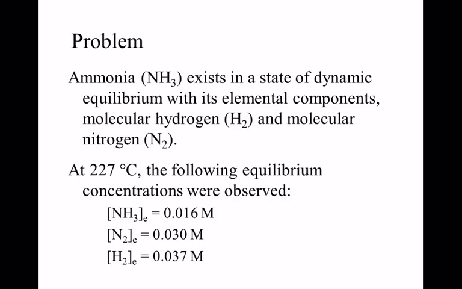And they say once the dust is settled, once equilibrium concentrations are met, one scenario is that the equilibrium concentration of ammonia is 0.016, the equilibrium concentration of N2 is 0.030, and the equilibrium concentration of H2 is 0.037 moles per liter.